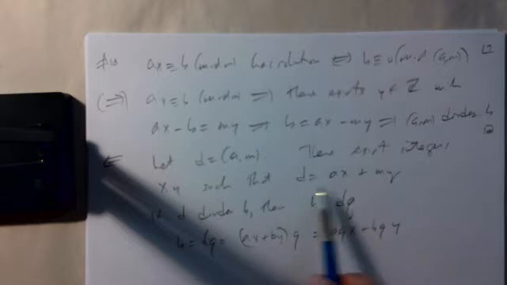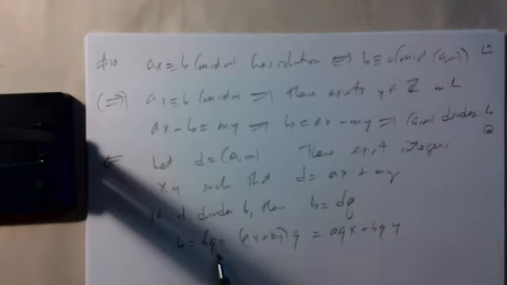Let's see. d is ax plus my, so dq is ax plus my times q. So that's aqx and mqy. Oh, perfect.